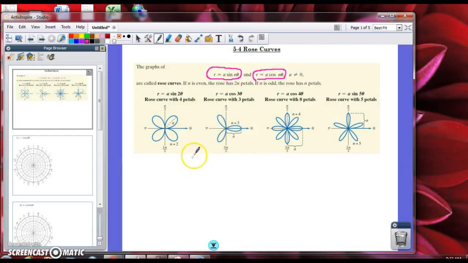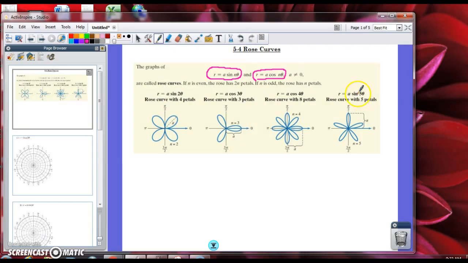If you go through and do your tests for symmetry, for sine, you are always going to have symmetry about the line theta equals pi over 2. So if you think about that vertical line, you're always going to be symmetrical about that vertical line. Now you may or may not be symmetrical about the polar axis, but you will always be symmetrical about the line theta equals pi over 2.